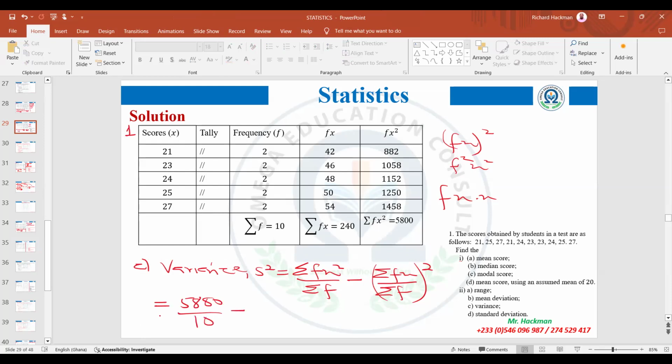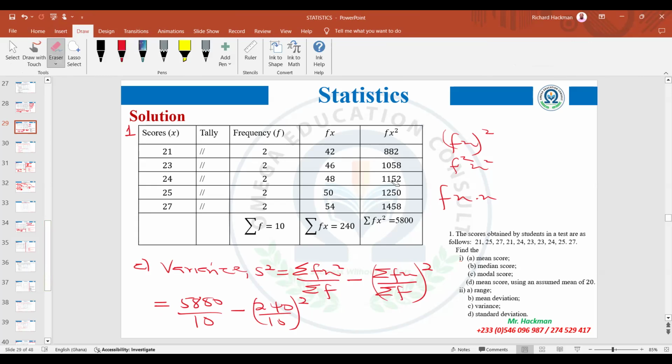Then minus, we've done this, the mean gave us 24, am I right? So we do 240 over 10, all squared. Take note of that. We are not done. Let me go and clear what we have there, then we continue.